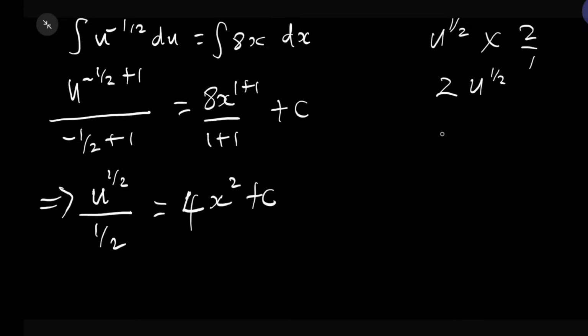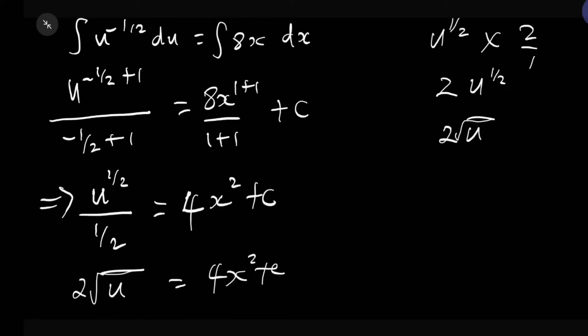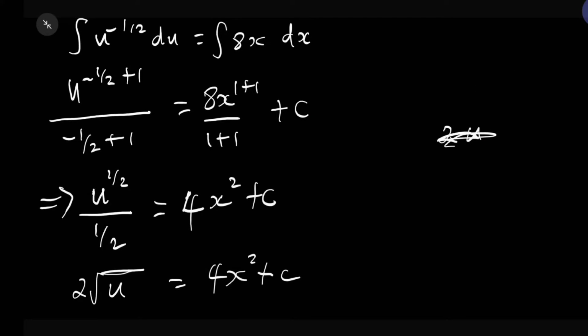So this is 2 times the square root of u. So we're going to have here 2 times root u equals 4x squared plus c. Okay, let's wipe this off.